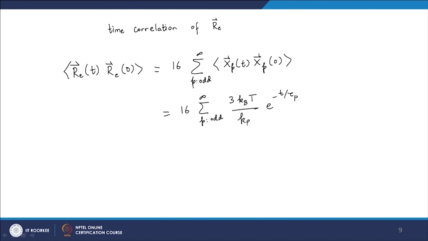I am not doing the full derivation here, but we already have discussed what the correlation becomes.